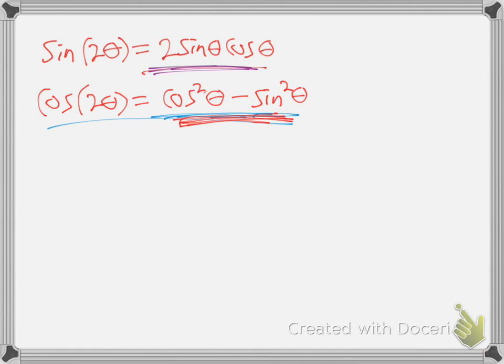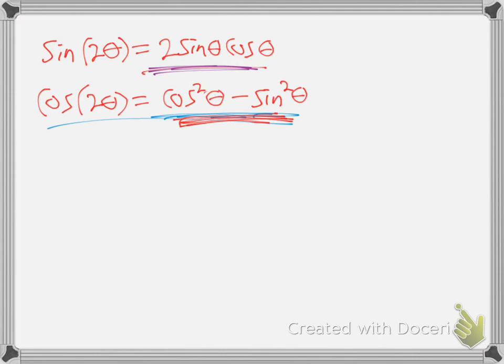That means, if you remember, math and science is all about the pattern. Look closely at the pattern. They're saying if you have some angle theta here, some angle theta there, cosine squared of that minus sine squared, that's going to be the same as one simple cosine, but the angle's been doubled.